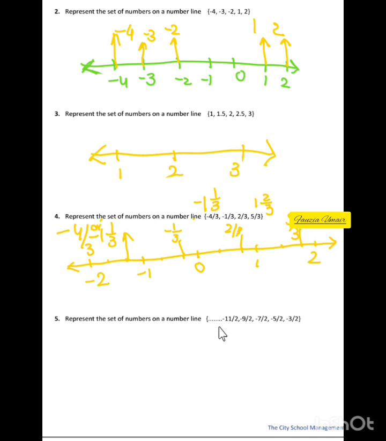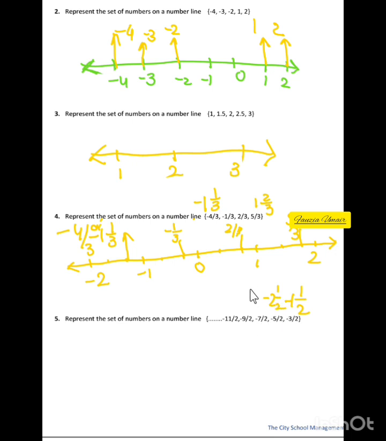So I will follow the same method in the last question as well. I can see that the divisor is 2. So first of all, I will write down the mixed form. Minus 3 by 2 is basically minus 1 whole 1 by 2. Minus 5 by 2 is basically minus 2 whole 1 by 2.